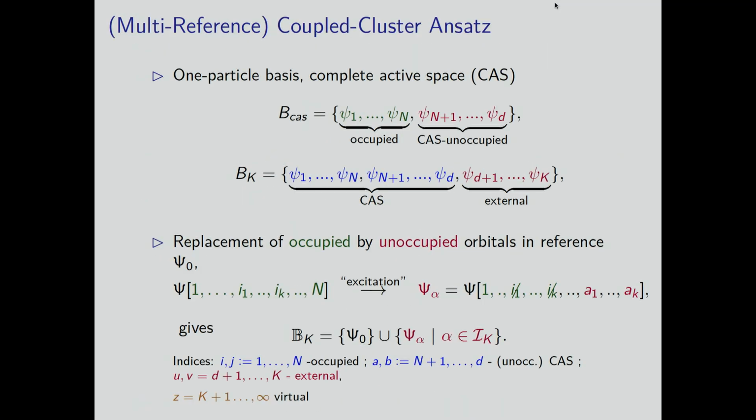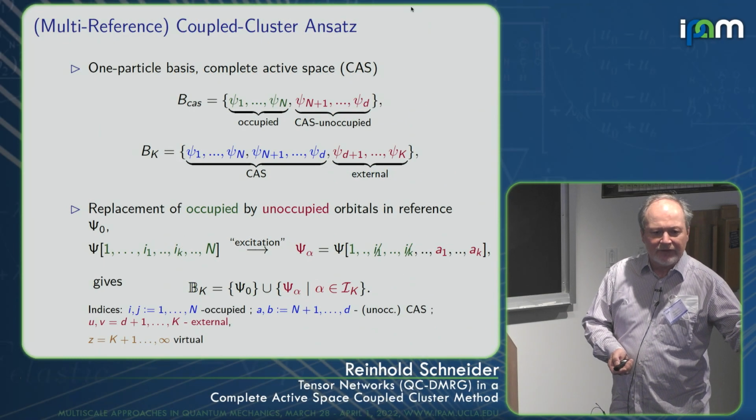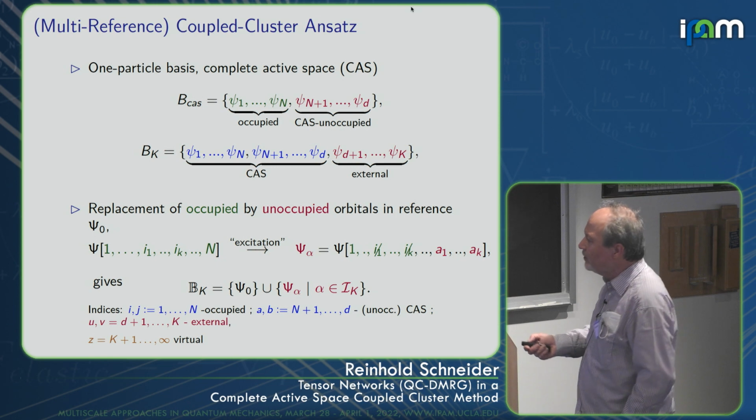Okay, and now I come to the complete active space stuff. And in this, we go a little bit further. So far, we have considered the set of occupied orbitals. These are the orbitals inside the reference determinant. Usually the reference determinant is a Hartree-Fock determinant. Yeah.